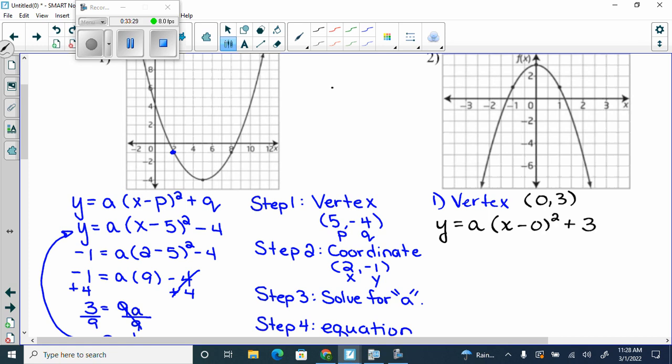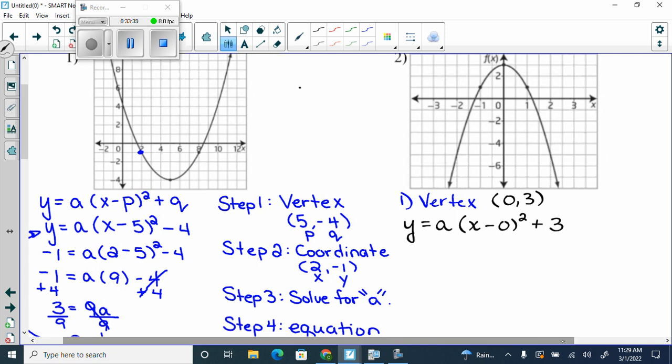Do I technically need the x minus 0? No, I could just write x squared, right? It doesn't matter. Step 2 is using a coordinate. So I'm going to use 1, 1. So that's my x and my y.